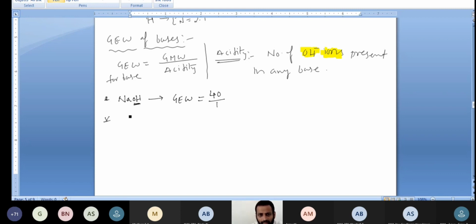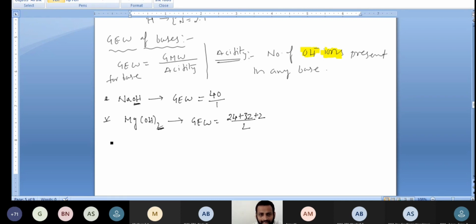Like that, you can take any particular one, like Mg(OH)2. You can check this. What will the gram equivalent weight be? Gram molecular weight divided by 2. Why? There are two OH groups, so acidity is 2. For gram molecular weight, magnesium 24, two oxygens so 32, and two hydrogens 2. 24 plus 32 plus 2, this is the gram molecular weight, by 2.